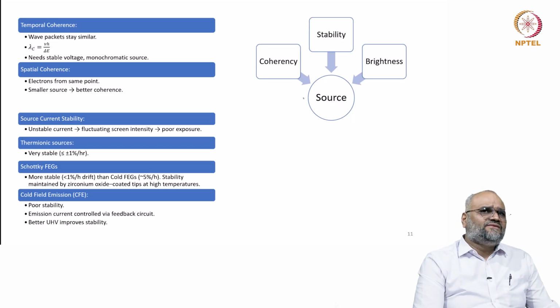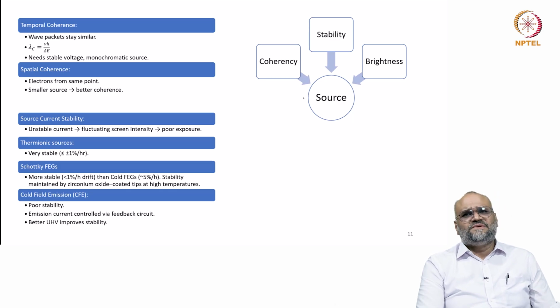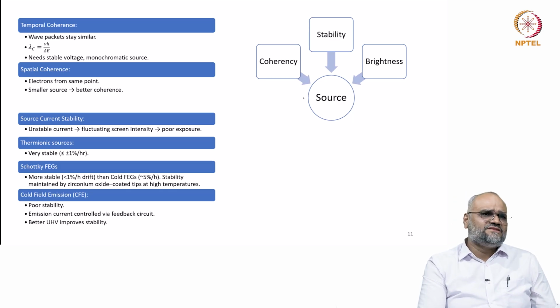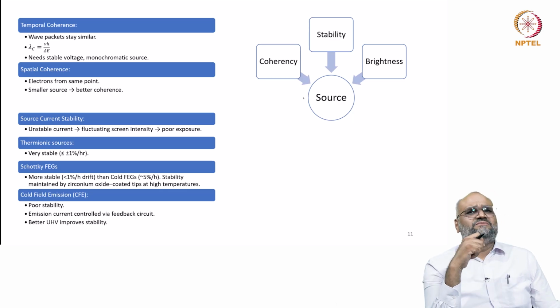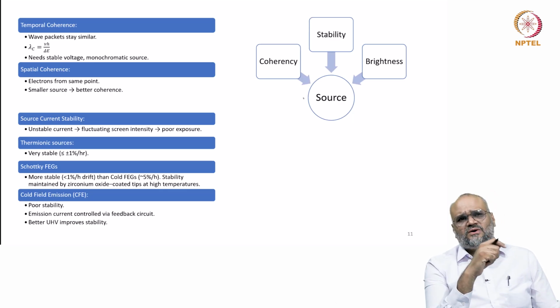So we have the Schottky field emitter, which, once switched on, you do not switch off and it keeps running for a period of 1.5 to 2 years or even longer in a few cases if it is maintained well. And to lower the work function barrier, the tungsten needle is typically coated with zirconium oxide, and typically these have a stability of around 1% per hour.